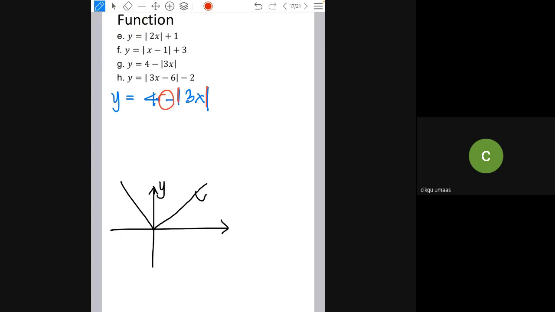This is how a standard graph of a positive modulus looks like. But when it becomes a negative modulus, the whole graph will go the other way around. This is the graph of a negative modulus. That means it will flip the other way around.